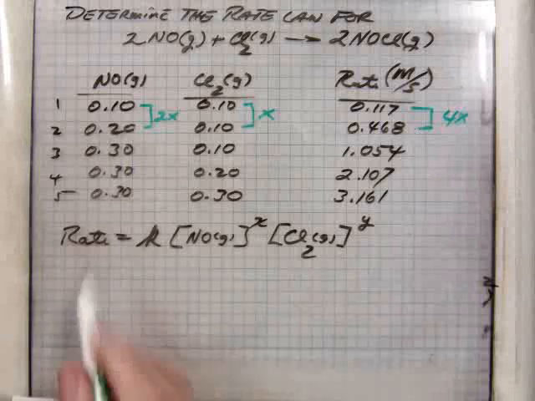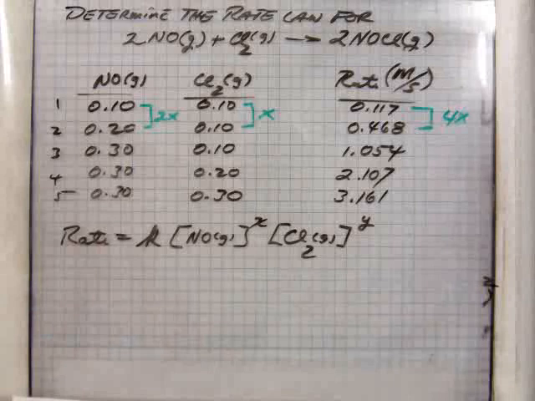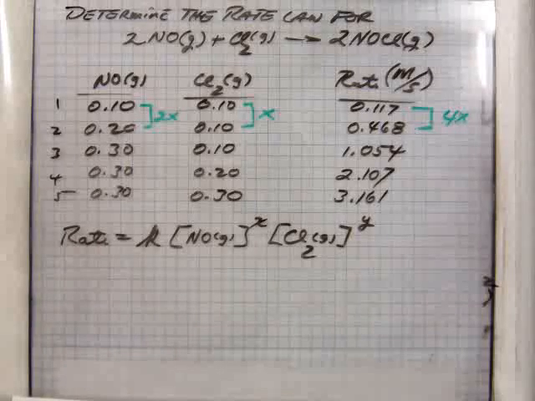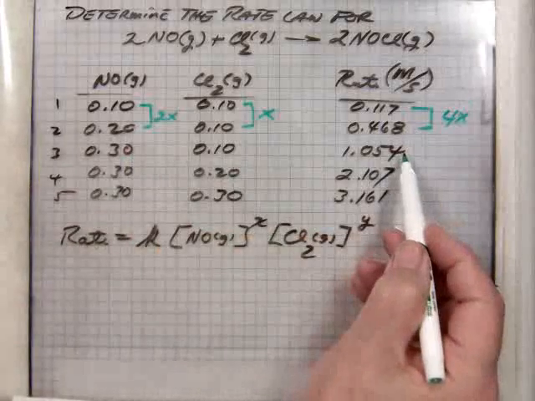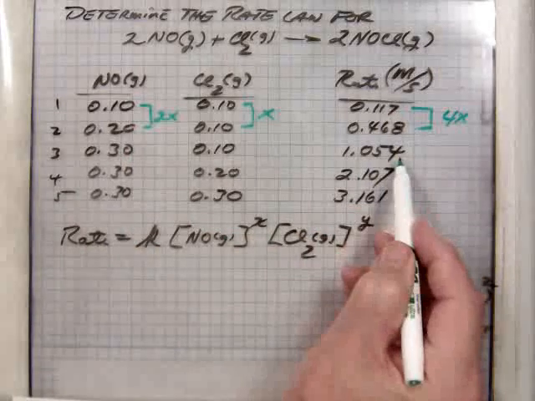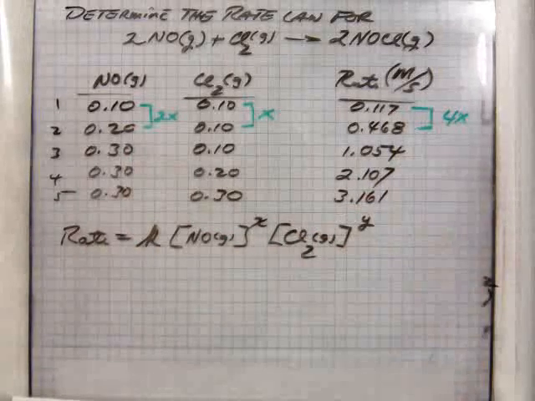Because we saw that with second order reactions, you got your reference and you double concentration, it quadruples the rate. And if we tripled the concentration in this, it would do what? You can check it out. It'd go up 9 times. So you could take 0.117 times 9 if you wanted to compare those numbers.